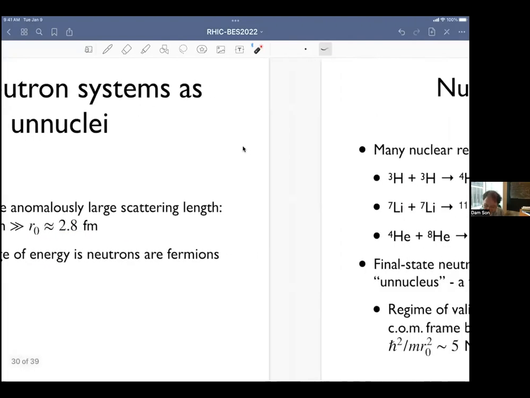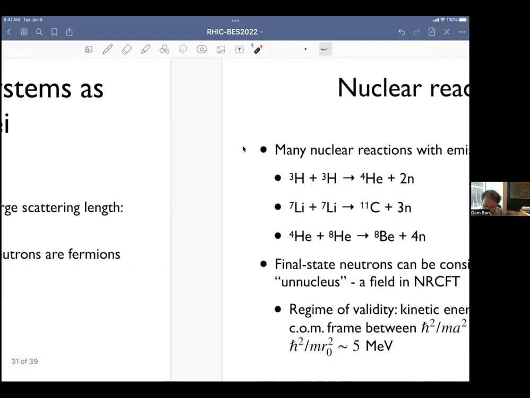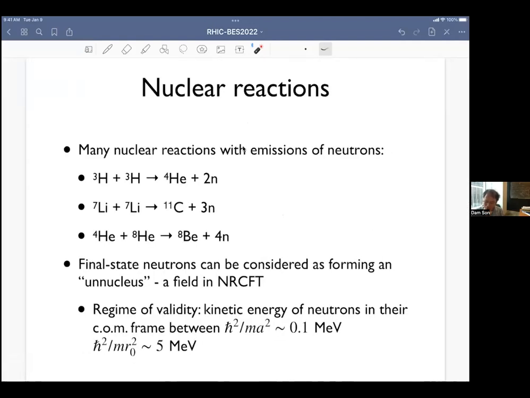So let's consider the following situation. Let's consider some nuclear reactions with emission of neutrons in the final state.